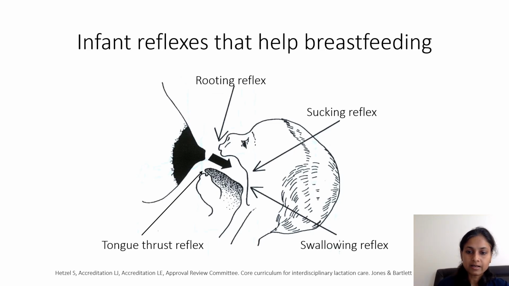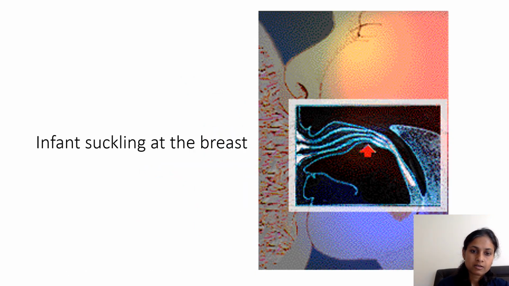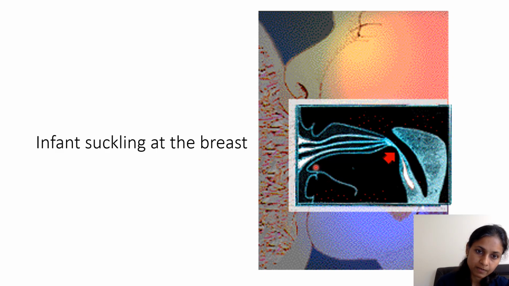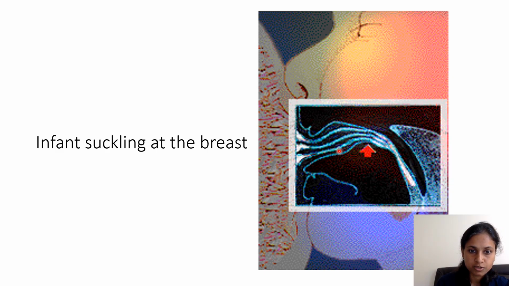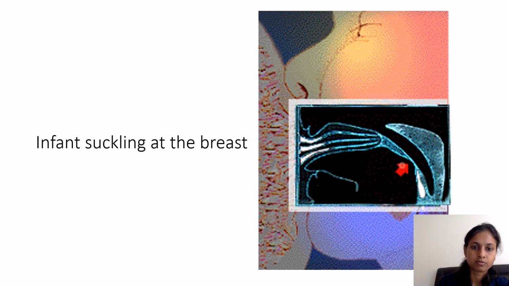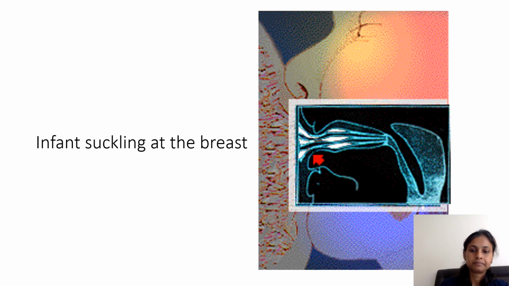Like I said, I have shared the link to YouTube videos in the module education material, and these reflexes will also be demonstrated bedside during practical sessions. Here you see the video of how the baby's tongue goes into a peristaltic motion to express the milk from the nipple areolar complex before it swallows.